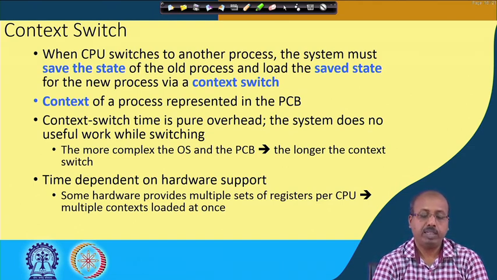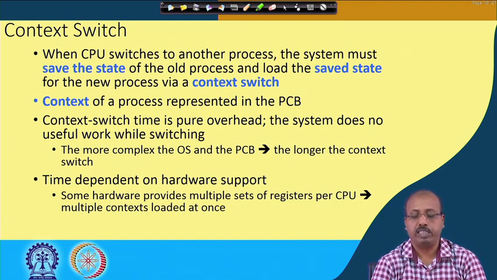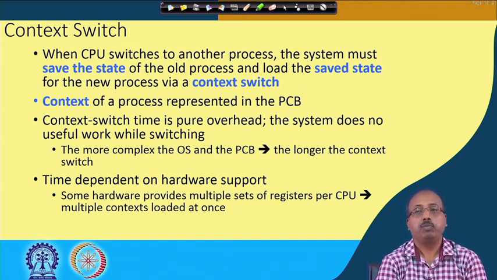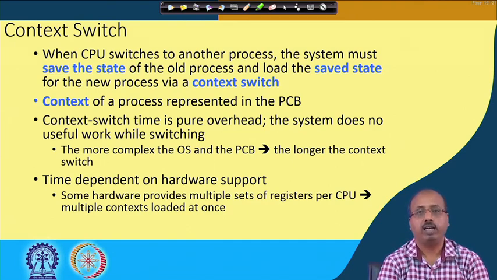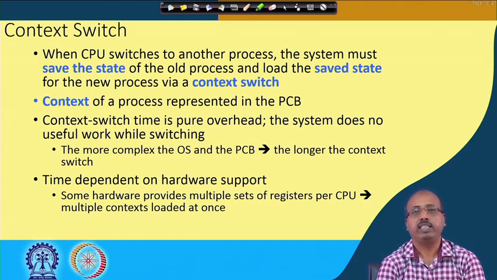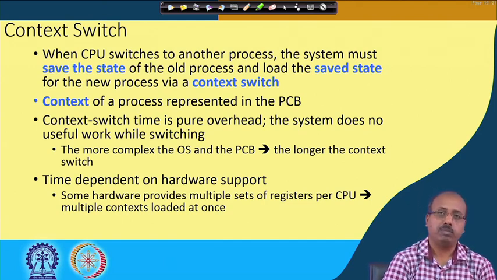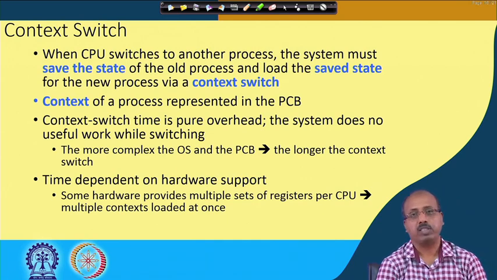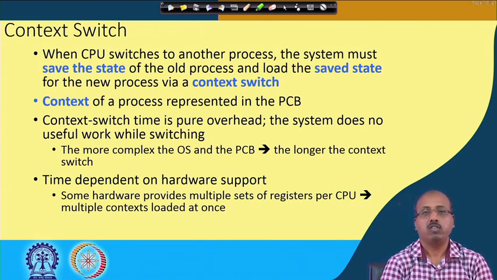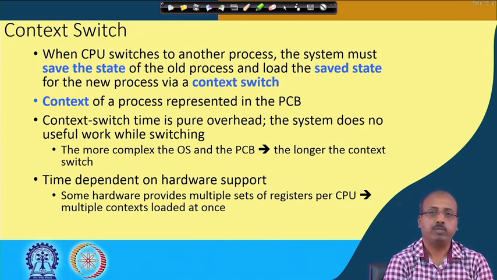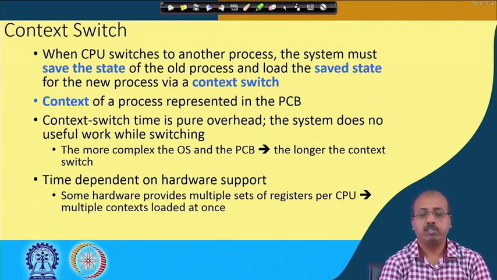Then there is the time dependence on hardware support. Some hardware provides multiple sets of registers per CPU. So, for example, if you look at 8051 or ARM processors etc., you will find that there are multiple CPU register sets. So, if you want to go from one process to another, one process's context is stored in one set of CPU registers, and another process's context is stored in another set.